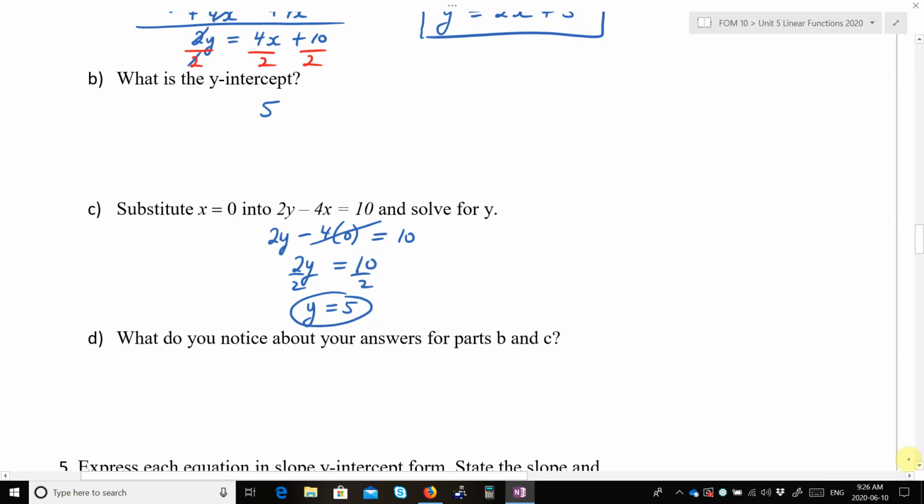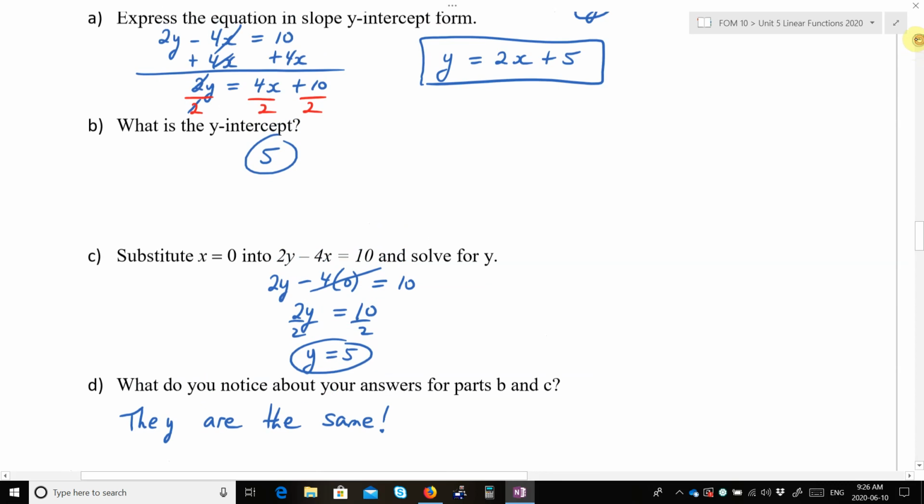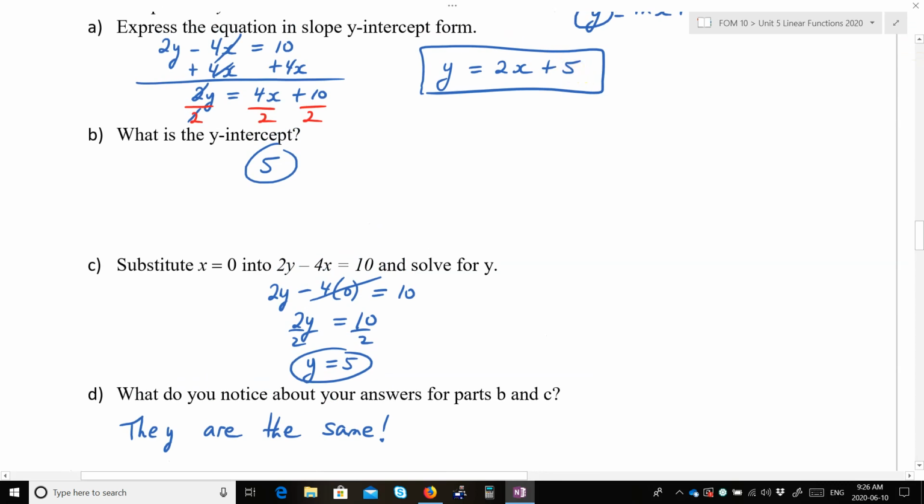Okay, what do you notice about your answers for parts B and C? They are the same. Okay, because in B, you are just finding the y-intercept in the form y equals mx plus b. This is the y-intercept.